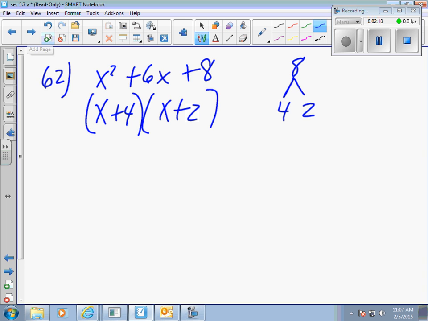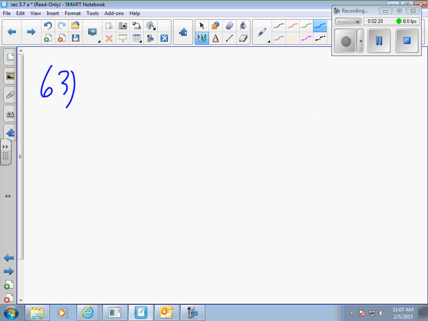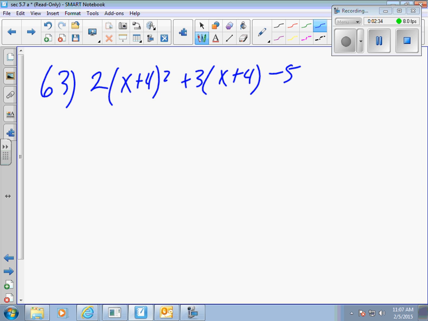The next one we're going to try is number 63. In this one I have 2 times the quantity x plus 4 squared plus 3 times the quantity x plus 4 minus 5. In the past, what we've done with this is make a substitution, y equals x plus 4.